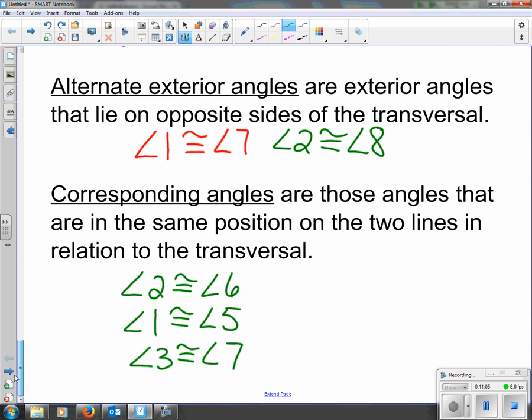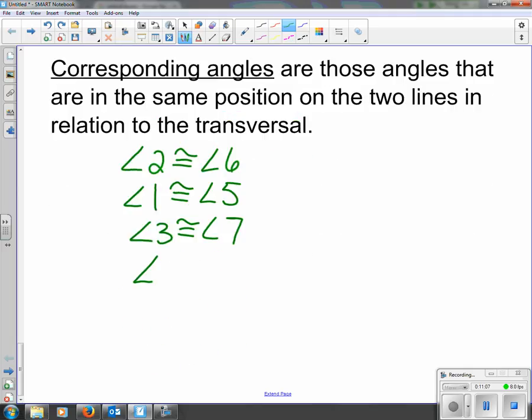Angle 4 is corresponding with angle 8. So corresponding means they're congruent. The measurement would be the same.